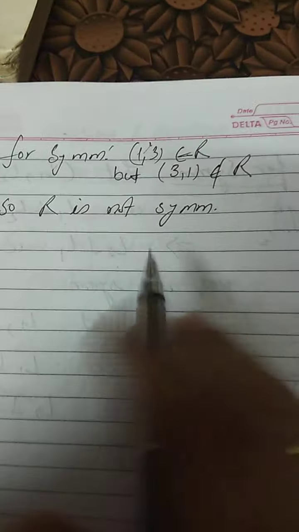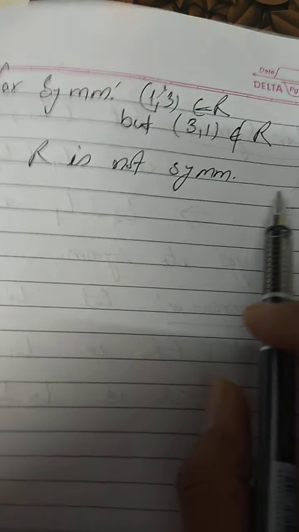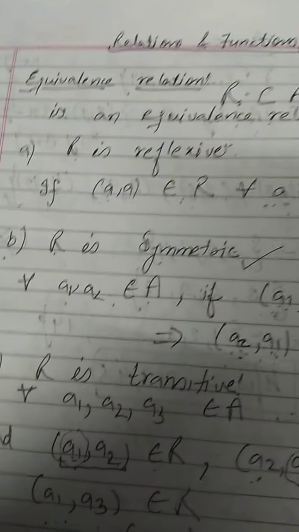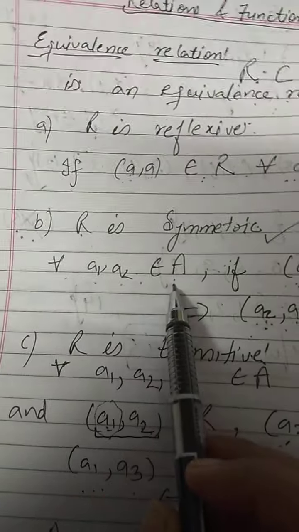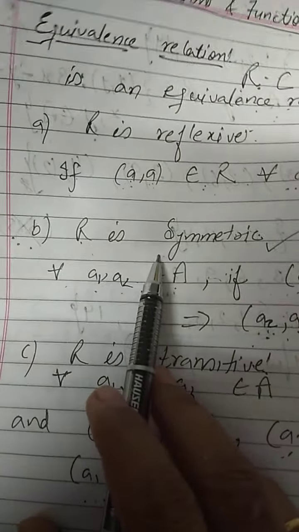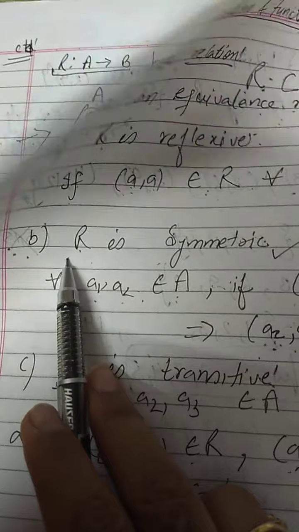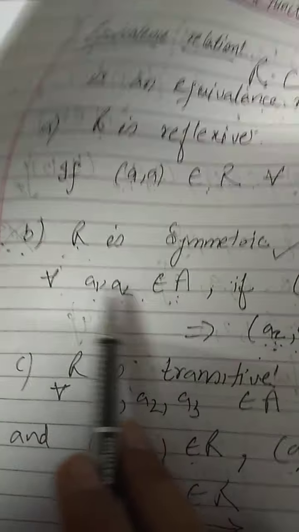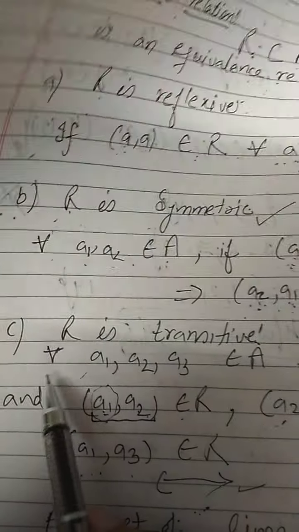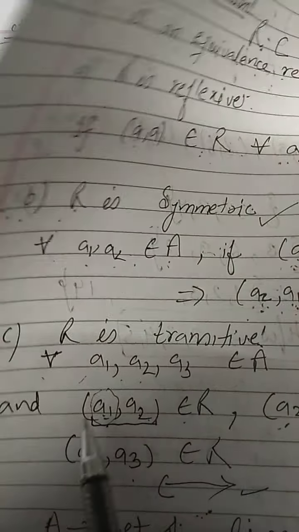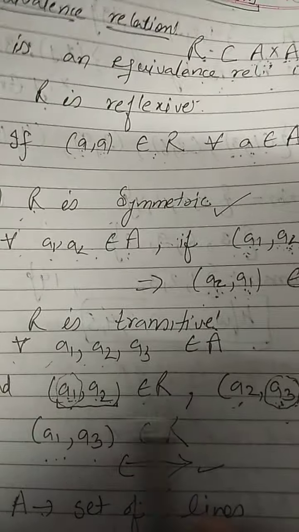Why am I not mentioning all the ordered pairs? If you remember the definition, for all a1, a2 belonging to R, if it has to be symmetric, the condition should be true for all the ordered pairs. And similarly for transitive, it should be true for all a1, a2, a3. That means for all the ordered pairs, if (a1, a2) and (a2, a3) belong to R, then (a1, a3) should also be present in R, right?